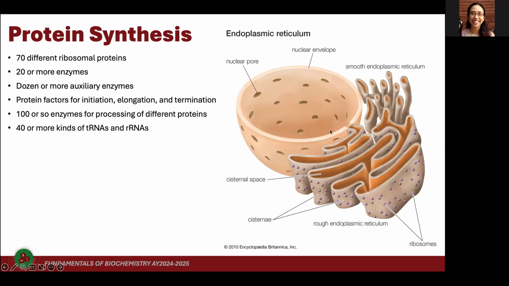And the mRNA transcript produced during transcription should reach the ribosomes that are found in the rough endoplasmic reticulum. So these mRNA transcripts are transported from the nucleus towards your rough endoplasmic reticulum. That is why this RER is in proximity to your nucleus.